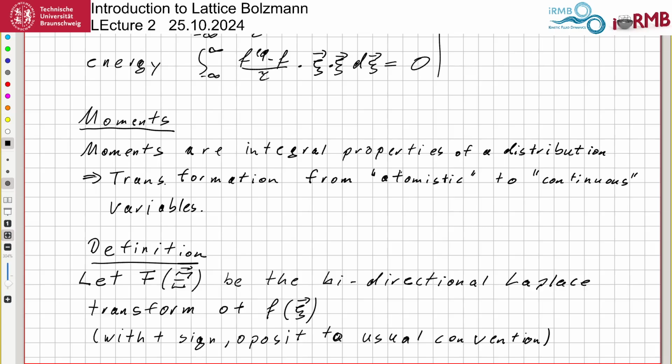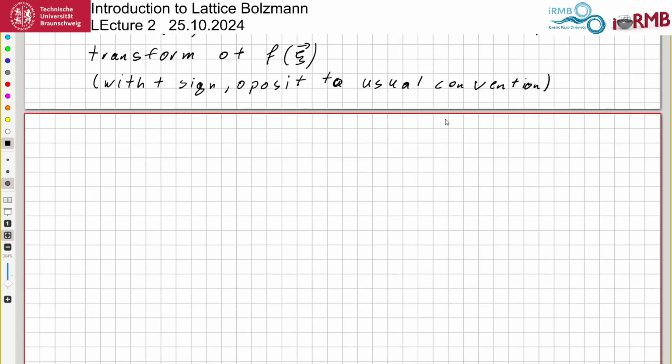So what we actually do is we do the opposite Laplace transform, interpreting the actual velocities as frequencies, and do the opposite, the Laplace backward transform now as the forward transform.